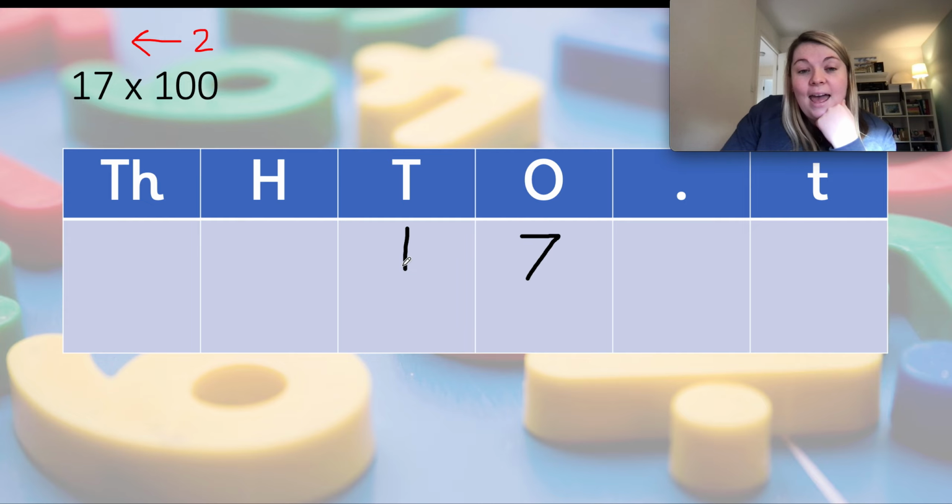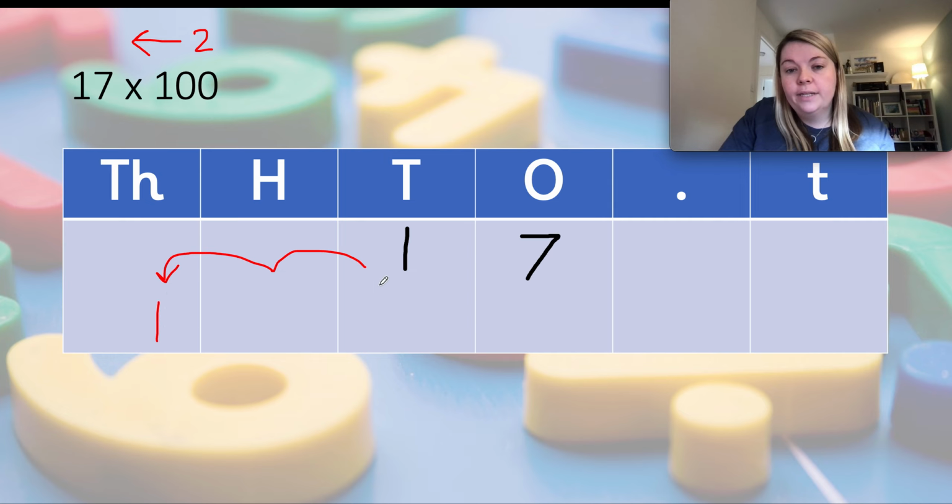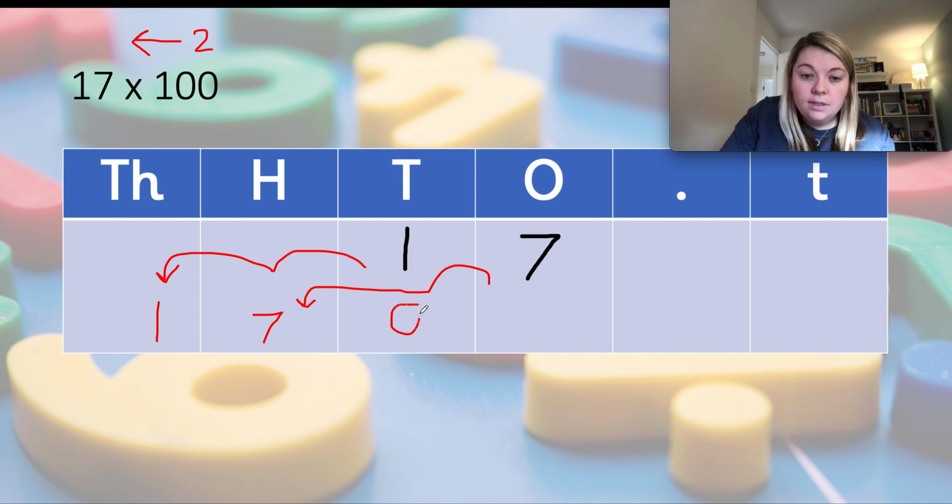So my 10 is going to move not 1 place value column, but 2 place value columns to the left. So my 10 becomes 1,000. And my 7 will move not to the tens column because that would just be multiplying it by 10. It moves to the hundreds column. So it's going to become 700. And then we put 2 zeros in the empty spaces.